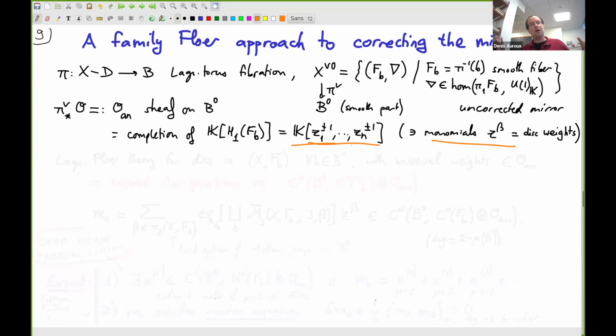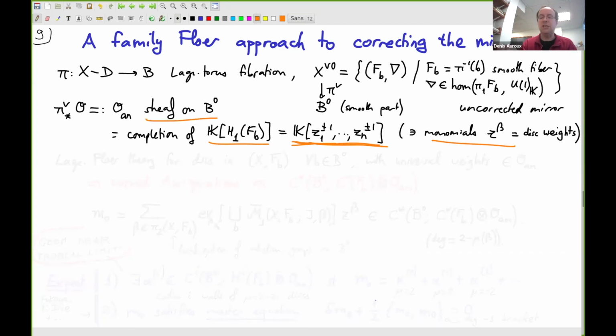And then the coefficients we have will be linear combinations, infinite sums of those, subject to the finiteness condition as usual for Novikov. So in fact, the coefficients we should be using, if we just think of tori, are some kind of universal coefficients that put together all of the local systems you might have. And these coefficients are going to be a completion of the group ring of H_1.